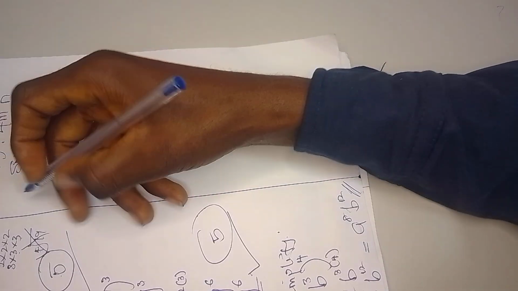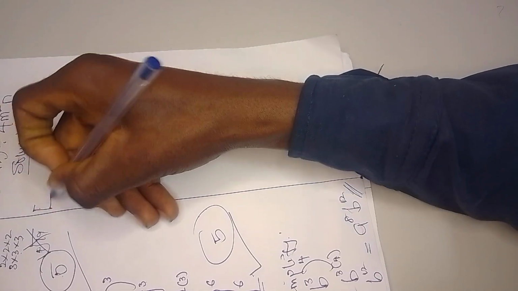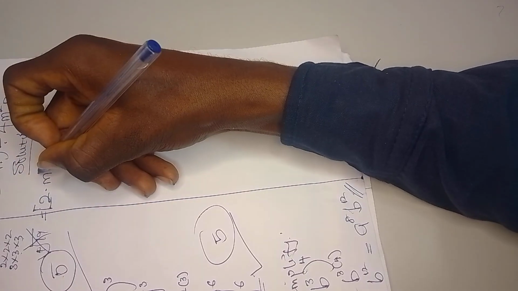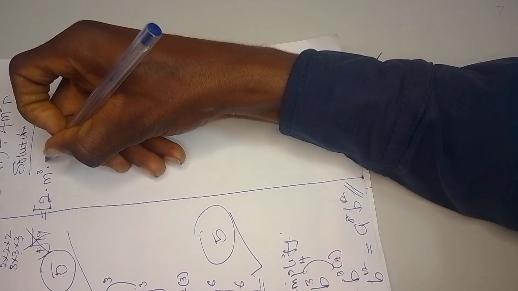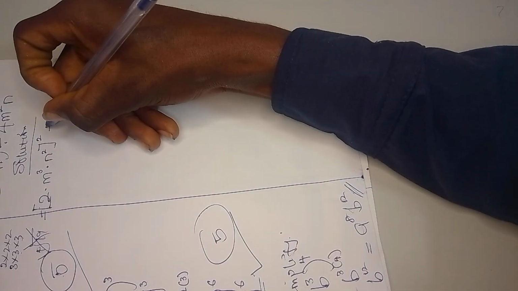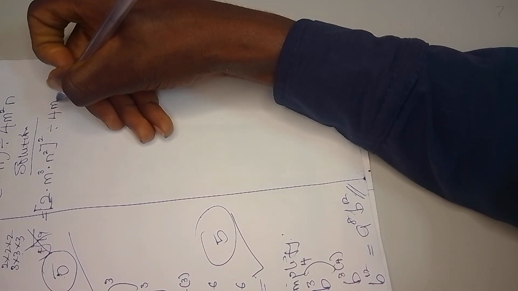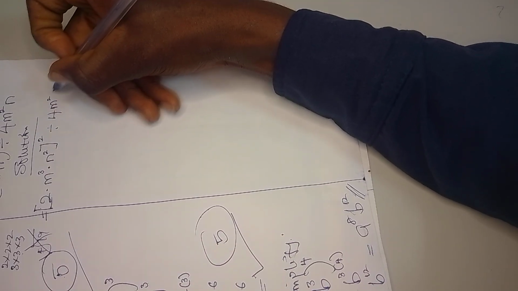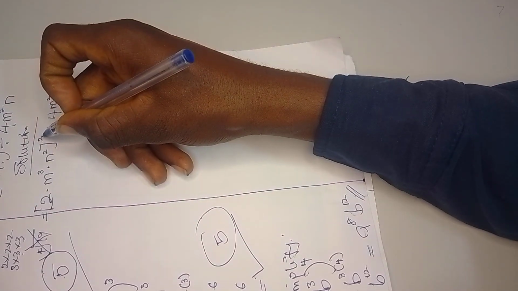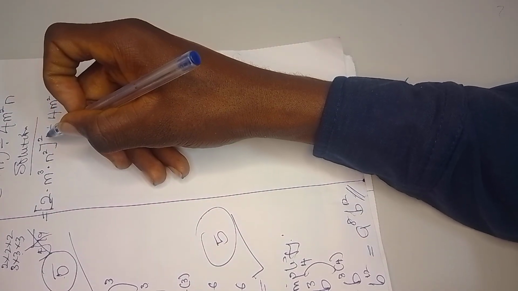Okay, let me distribute this now. If you distribute that, you have 2 multiplying n raised to the power of 3, also multiplying n raised to the power of 2, close bracket, all power 2, divided by 4n power 2 and n. I'm interested in this because there is an overall power outside of the bracket.